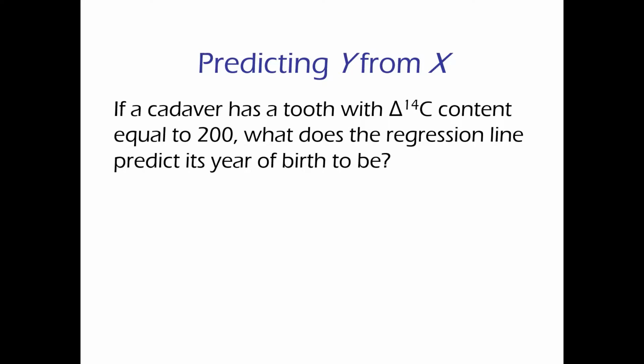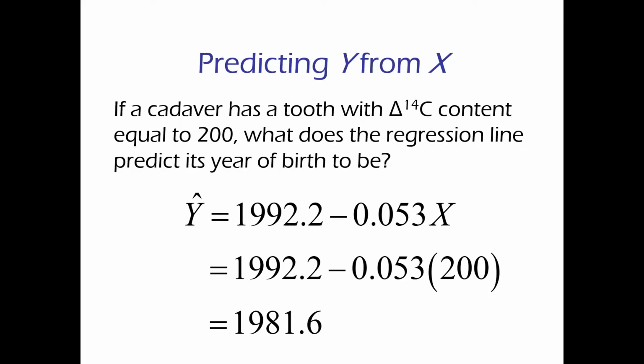You can pause here, and I'm going to show you the results in a second. Okay, so here is the result. If you put 200 in as the x value and do the calculation, the predicted y value will be 1981.6.